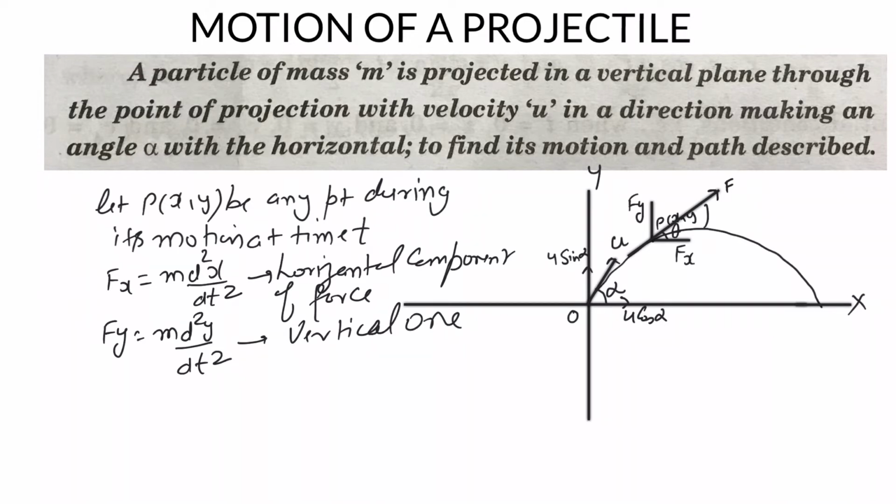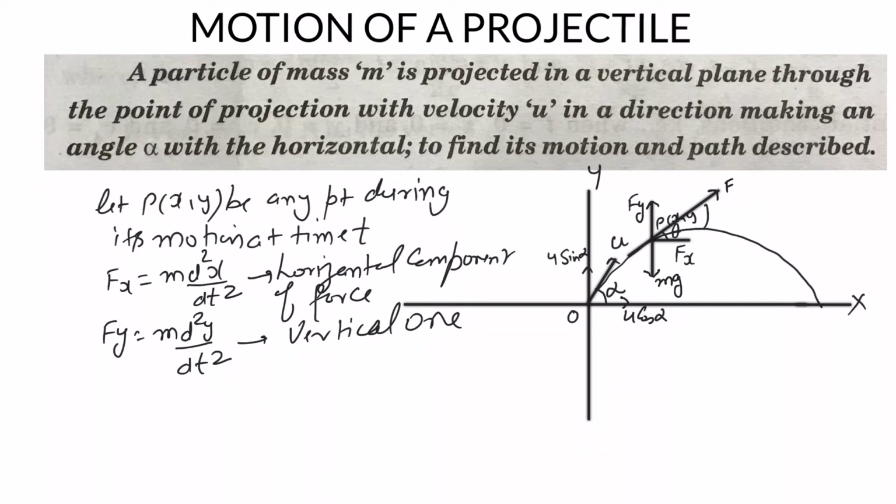From the last lecture it is very clear that the only force acting upon the particle when it is describing projectile motion is the force of gravity. So the only force acting upon the body will be the force of gravity, in the downward direction, and it is mg.